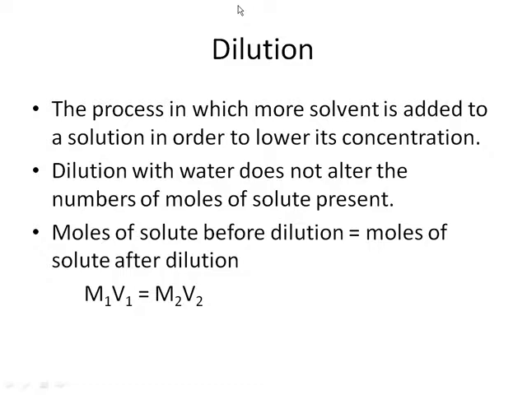So that means that the moles of solute before the dilution will equal the moles of solute after the dilution. And so we can set up our molarity equation by solving for moles and then just cut out the moles in the middle. And what this gives us is a dilution equation. The molarity of our first solution times the volume of our first solution will equal the molarity of our second dilute solution times our new volume.